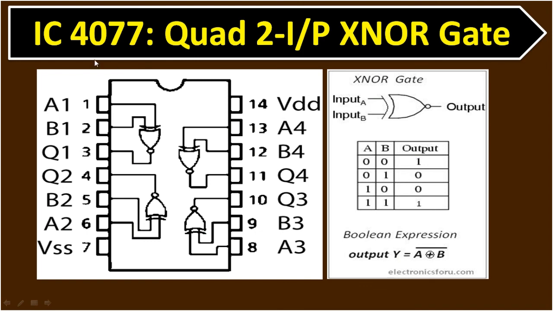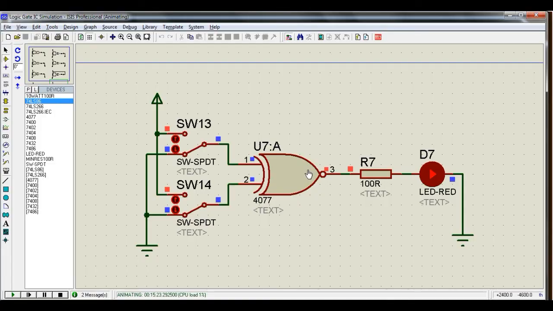So here the 4077 IC is again like the 74266 IC. There is no change. The input pins and output pins are the same, the truth table is the same, everything is the same, only the package number is changed. Now you can see the practical simulation of 4077 here. So this is the 4077.